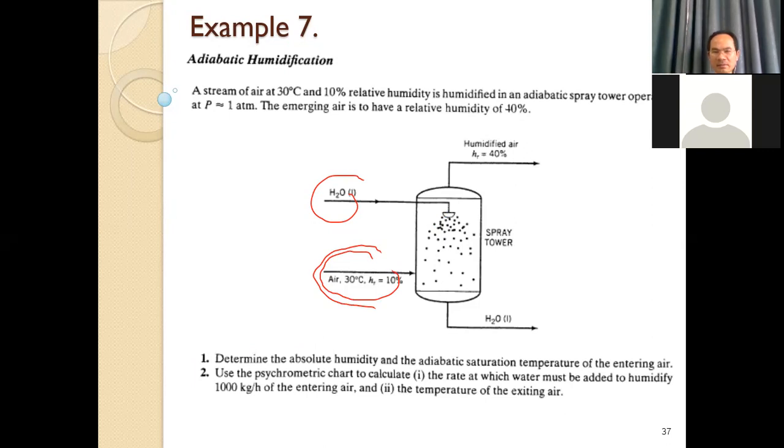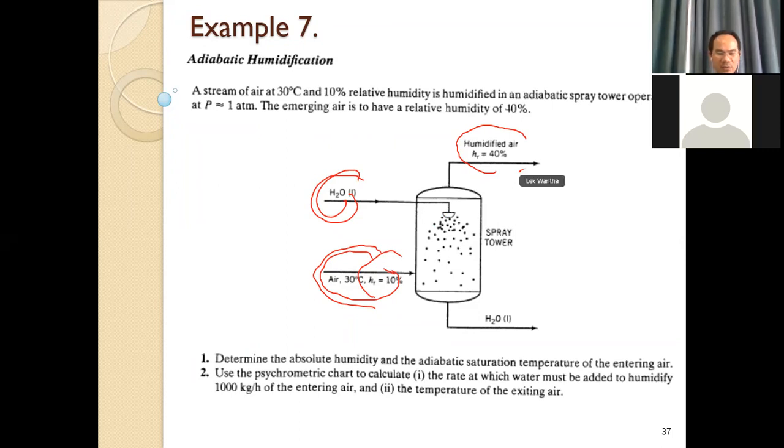The humidified air that we would like to produce has 40% relative humidity, while the inlet is 10%. Humidify operation means we increase the water in the air, that is, increase the moisture content.